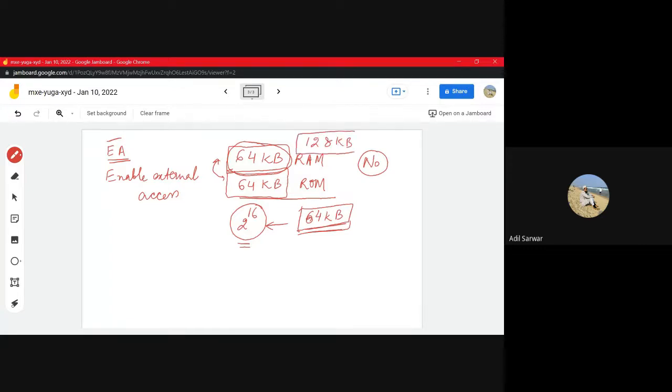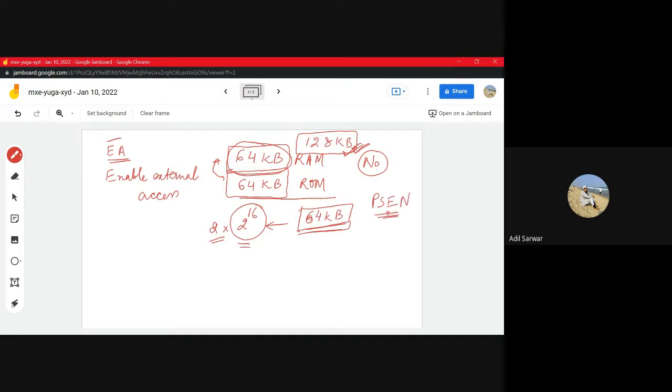That would definitely require one more address line for accessing this much memory. But I will tell you there is one pin which is called PSEN. I will come to that.